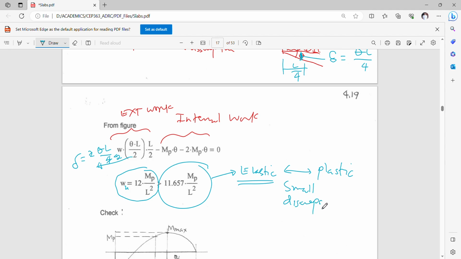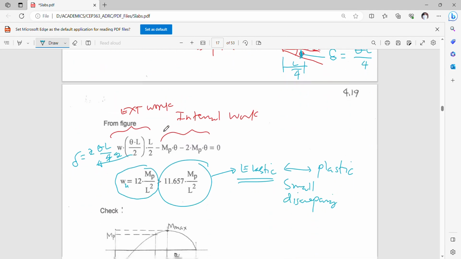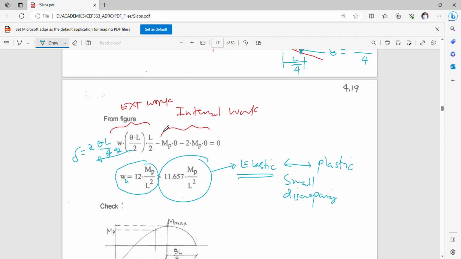So might as well use the mechanism method based on assumptions of a hinge near the midspan, rather than using an exact elastic approach in the computation of your ultimate load.